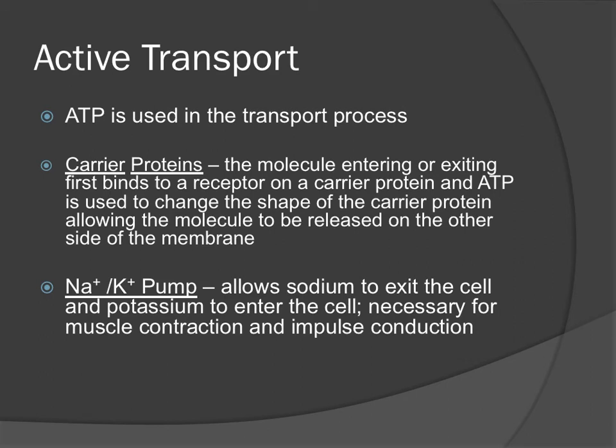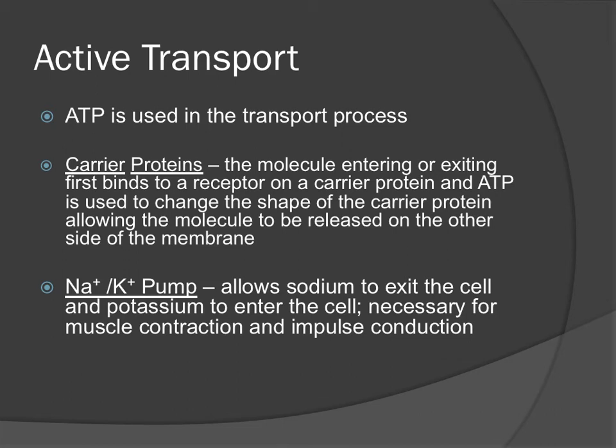Then you have the sodium-potassium pump. This allows sodium to exit the cell and potassium to enter the cell. So it is necessary for muscle contraction and impulse conduction. So the sodium-potassium pump, the process of moving sodium and potassium ions across the cell membrane, is an active transport process involving the hydrolysis of ATP, which is our energy, to provide that energy for the cell.